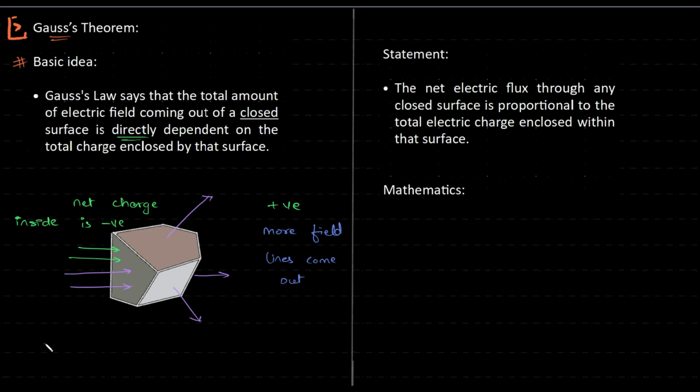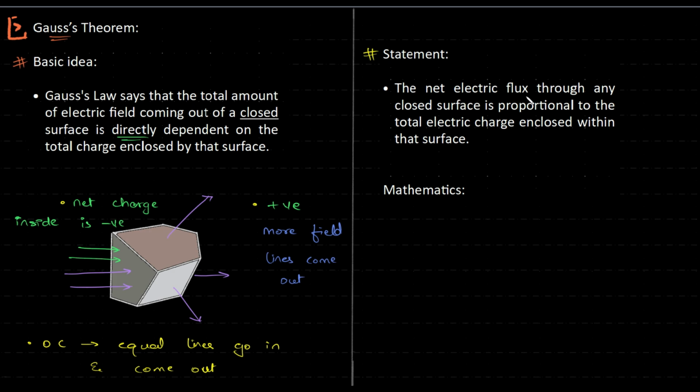And if there is 0 coulomb, equal lines go in and come out. Again, I'm putting it in a very simple manner, but all of this is right. So you can draw this example for negative, for positive you can write the statement, for 0 you can write that statement. Now let's see the official statement.